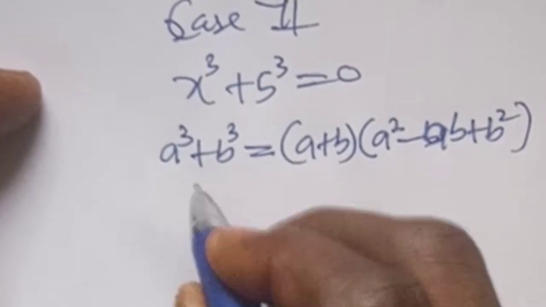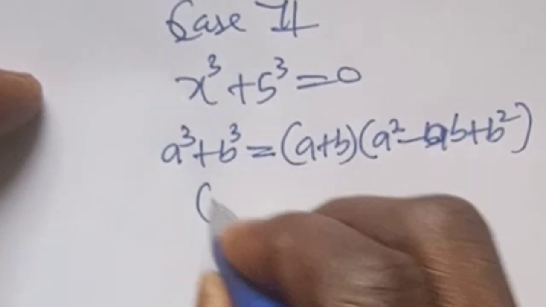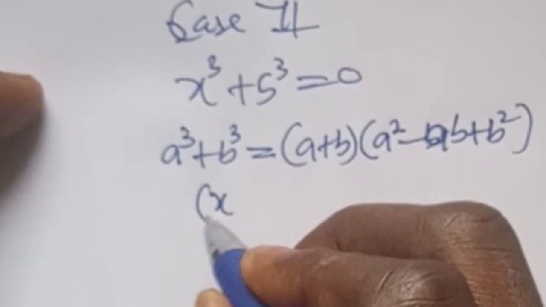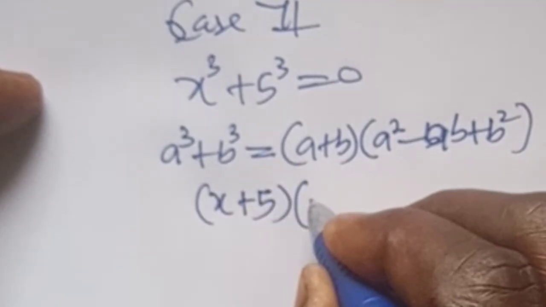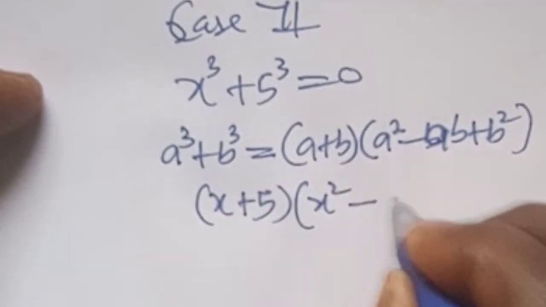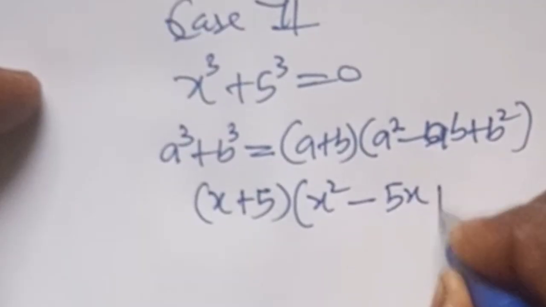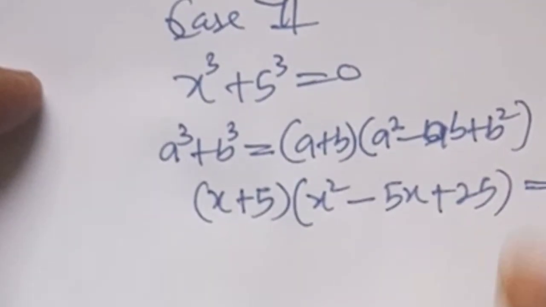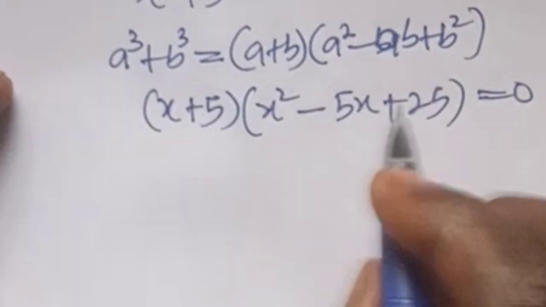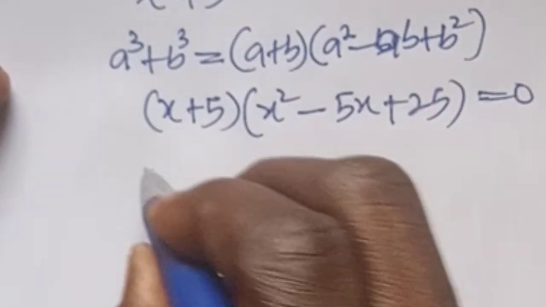So if we agree on this, our equation becomes x plus 5 into x squared minus 5x plus 25 equals 0. Again, we have two solutions.